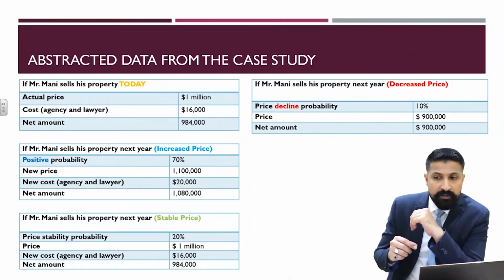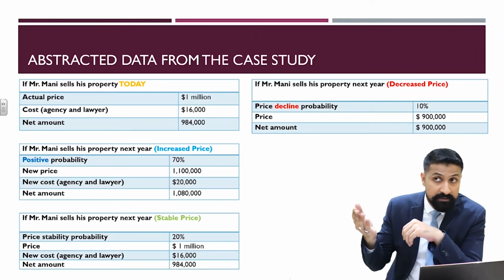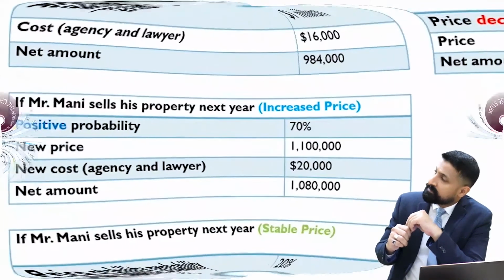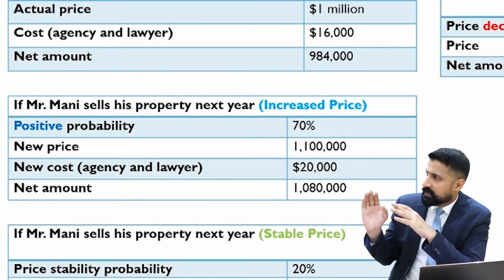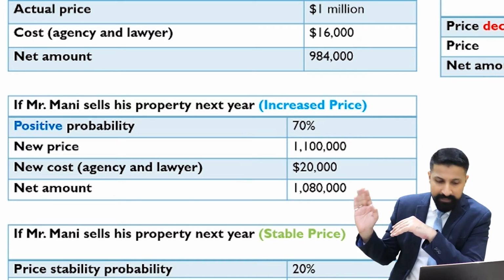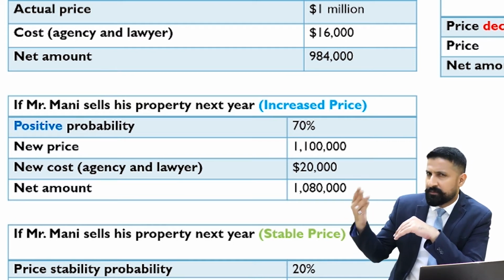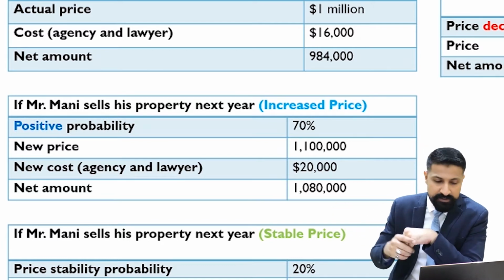Now, what if Mr. Mani decides not to sell his villa today and postpones it till next year? Then what is the probability? Let's look at it. There is a 70% chance that prices will go up because researchers are saying that. And in this case, approximately his villa's value will be 1.1 million. But the cost of agency, lawyers and paperwork and so on will also be increased to 20,000 from 16,000.